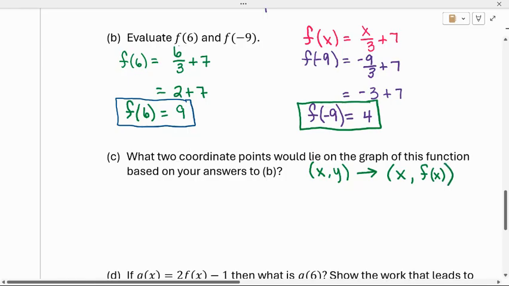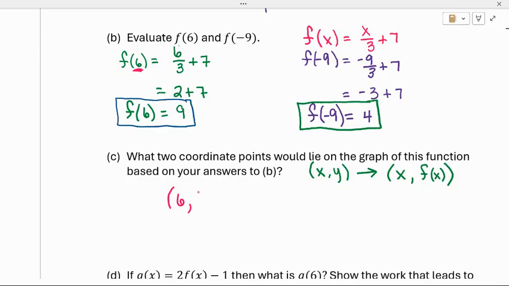So based on the one function with the two inputs that we just evaluated, what did we let x equal in the first evaluation? We let it equal 6. And when x is 6, what do you get as your output?